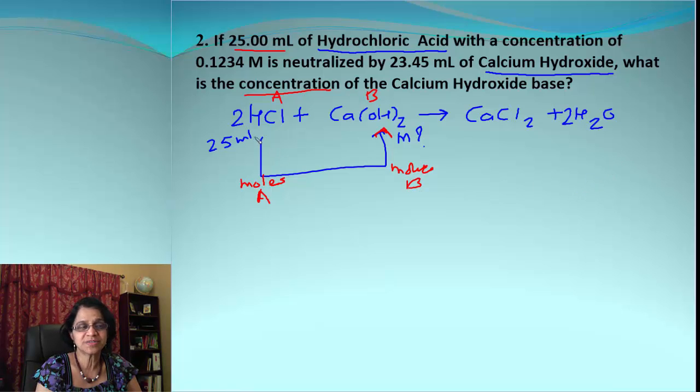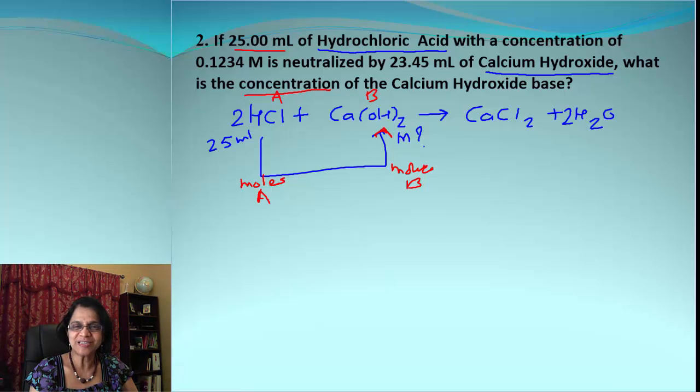We are going to start with what is given, the volume, get to moles of A, then use the mole bridge, get to moles of B, and from there again we can use molarity, and then we can get the actual value for the concentration of calcium hydroxide.